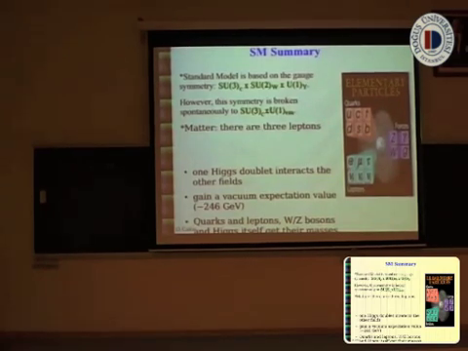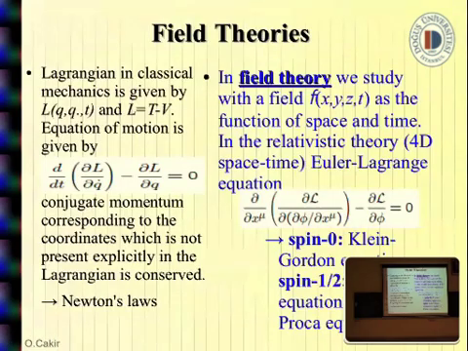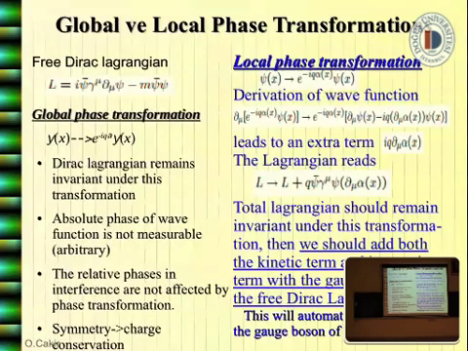So we need a scalar boson, the Higgs, and the vacuum expectation value is 246 GeV. I will not mention it in great detail. For example, field theories will be mentioned in some other lectures.